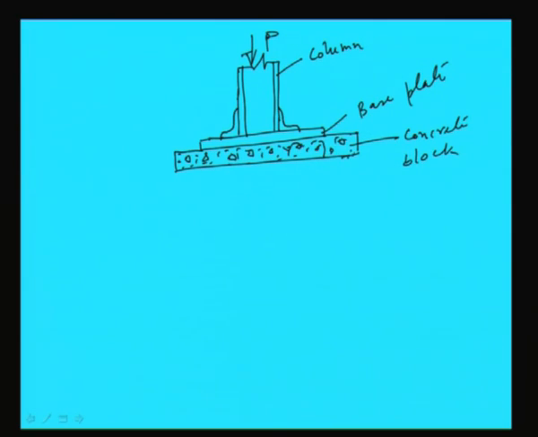Now this will be connected through some anchor bolts. The dimensions of those will be decided during the design of the system, right? This is how the front view will look.